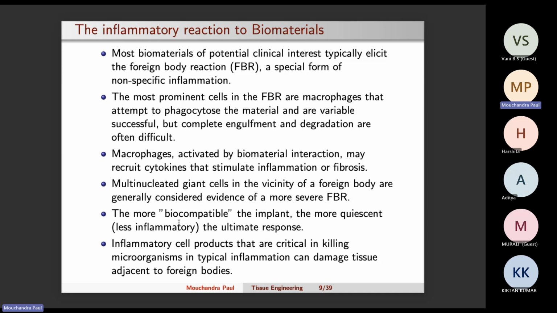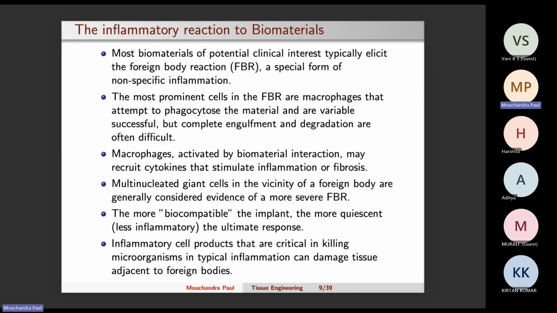If it happened very intensely, then you will say that your implant is not very biocompatible. And if your inflammatory process is quite quiet, happening very quietly, then you will say that this material, this implant, is biocompatible. All right.